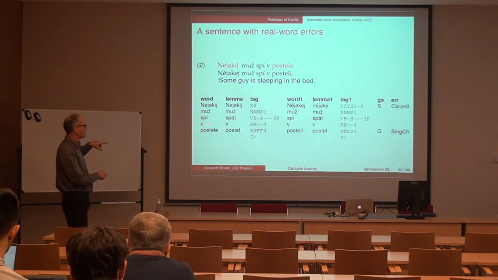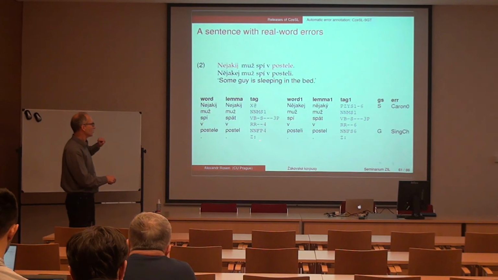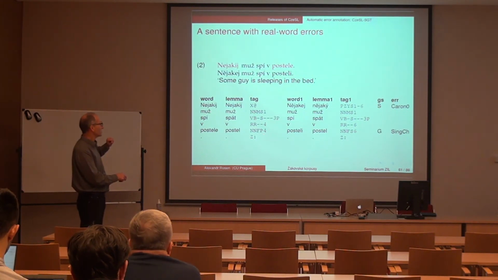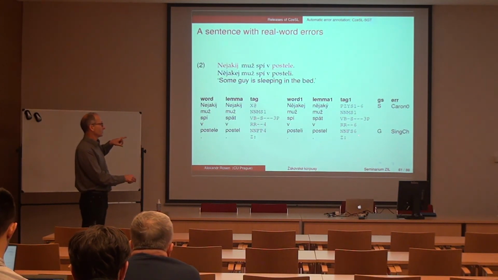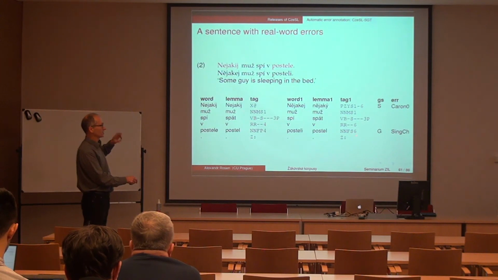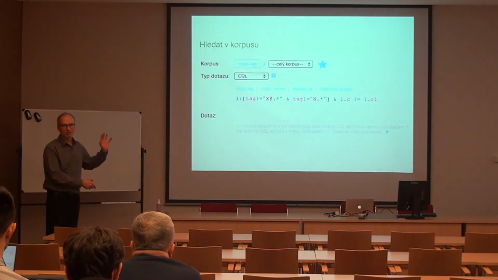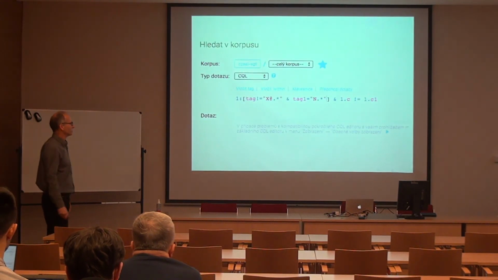Here the preposition requires another form. So here the tagger in the original treated it as plural accusative, and in the corrected version it's correctly singular local, and it's correct. And here you have a sign that it was not just a spelling error, but it was a grammatical type of error.